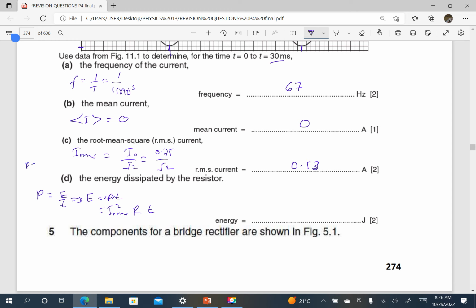In the equation, power is equal to I squared R. For average power, the root mean square value of I is the one which produces the average power.